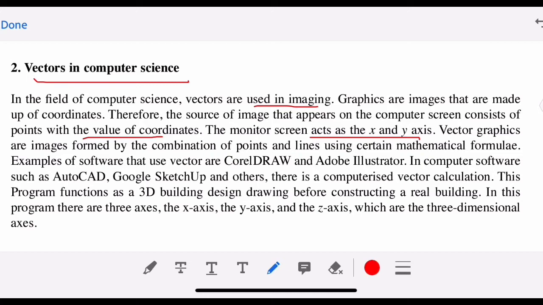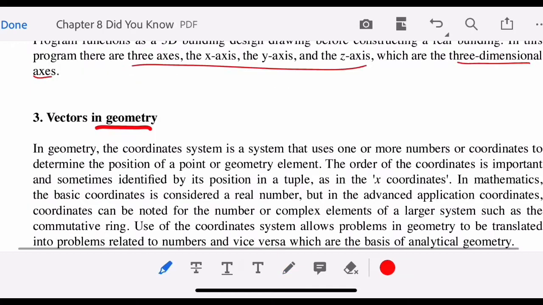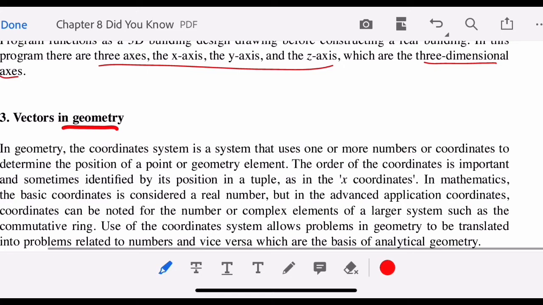This program functions as a three-dimension building design, drawing before constructing a real building. In this program, there are three axes: x-axis, y-axis, and z-axis. So this is a three-dimensional axis.